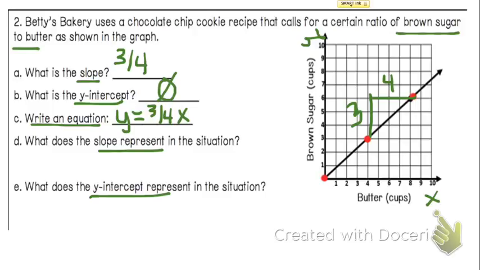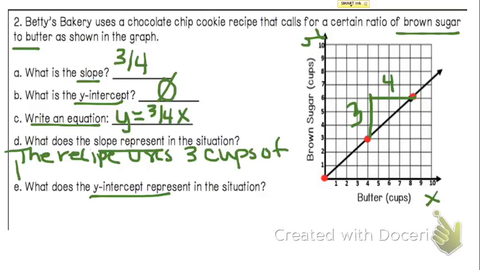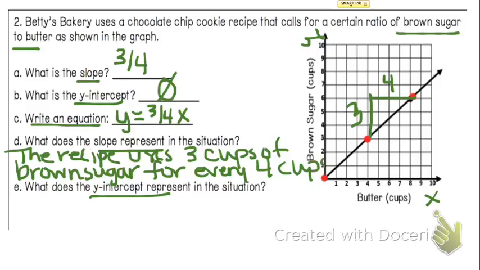So what does the slope represent in this situation? Well, the recipe uses 3 cups of brown sugar for every 4 cups of butter.